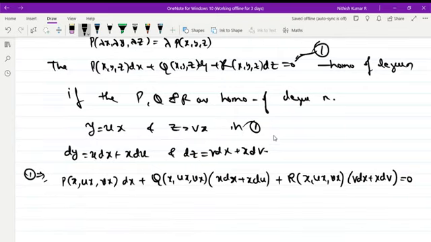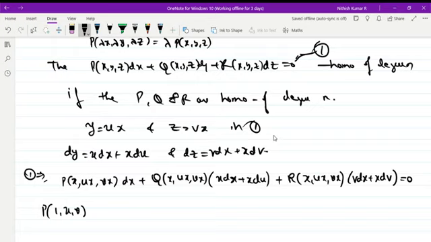Now since p, q, r are homogeneous, and we have substituted y equal to ux and z equal to vx, there is a common term x power n in p, q and r, so we take it out and cancel. The remaining will be p of 1 comma u comma v. Again I am collecting the terms with respect to the derivatives.